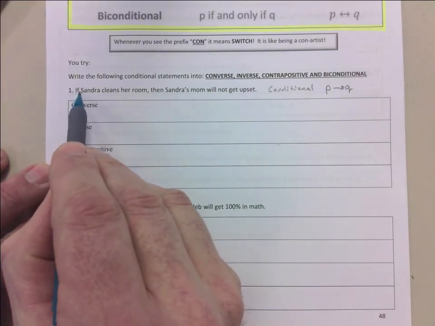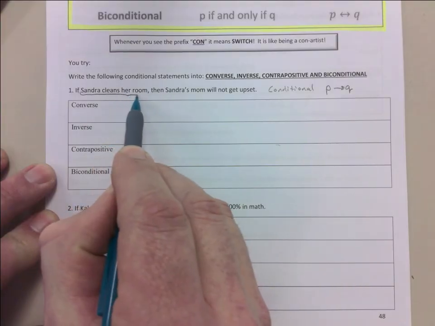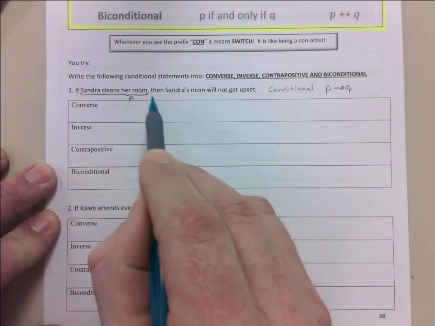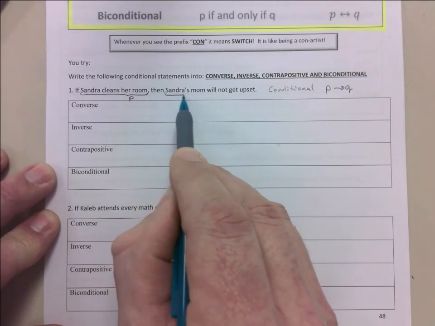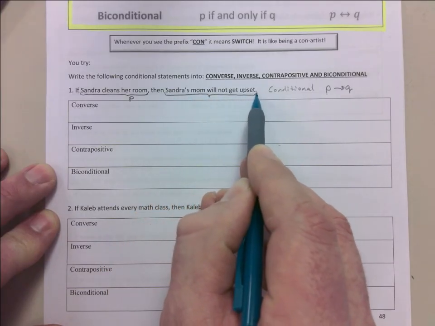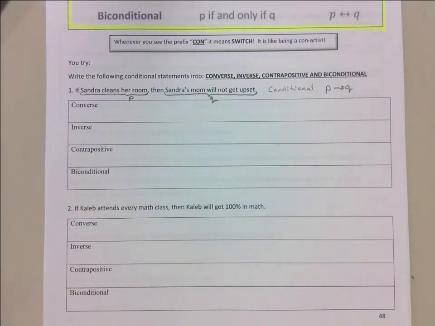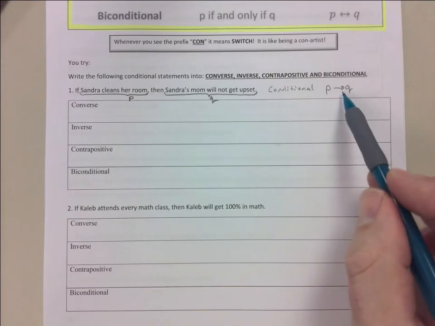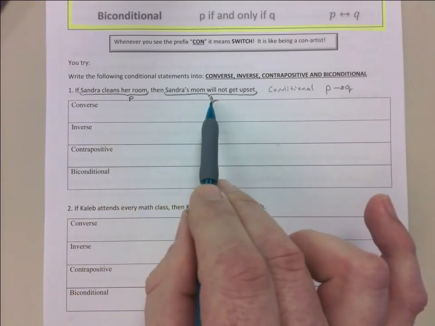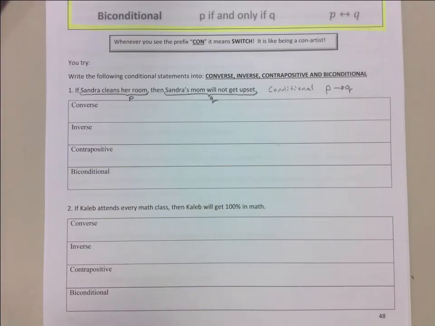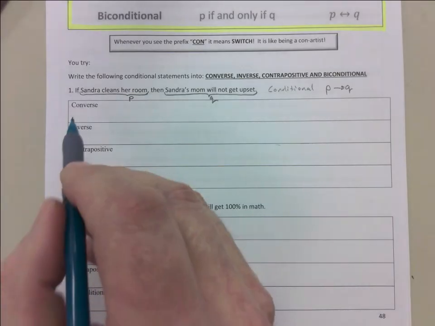Whatever follows the if is our P, and whatever follows the then is our Q. Got it? So P, then Q. Symbolically on the side, we identified which one is which. I should have mixed these up on you, but it's okay. If you have your study sheet filled out, you'll be fine.